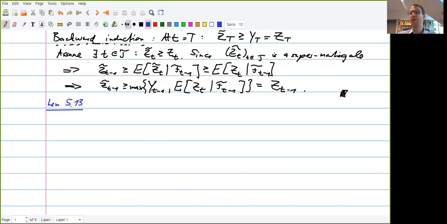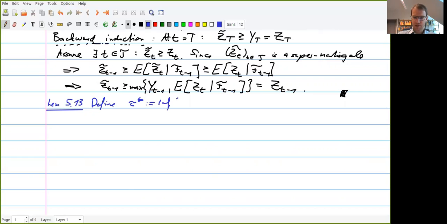Okay, so how can we construct from this Snell envelope what will turn out to be our optimal stopping time? Let us define the following time, tau star.